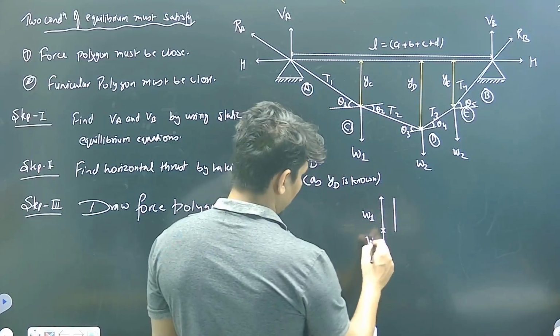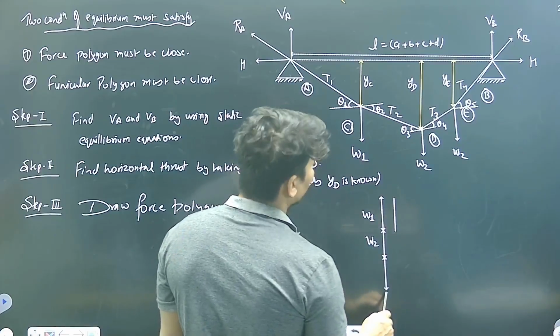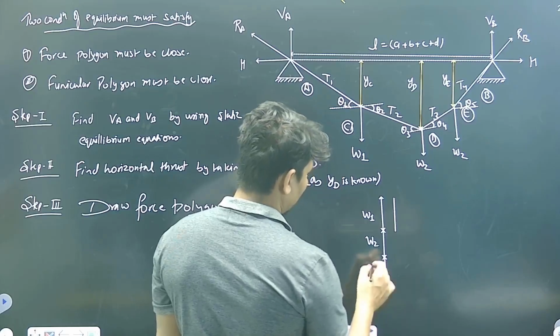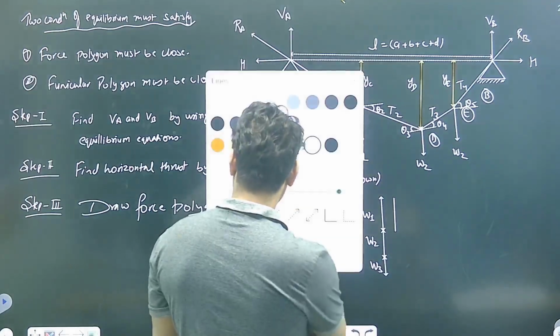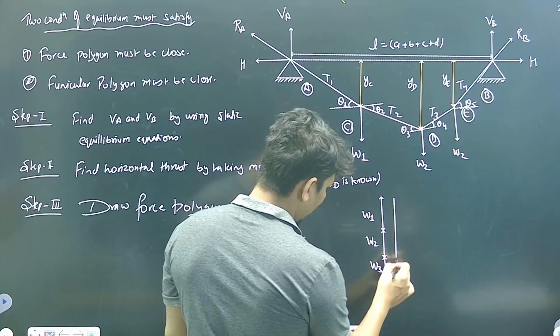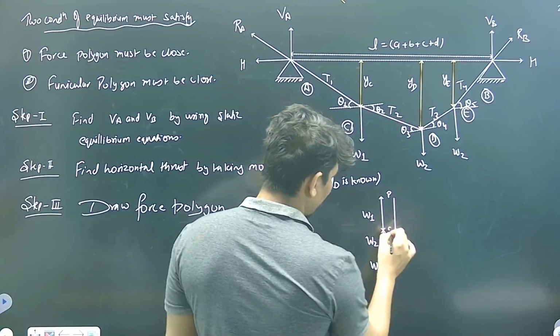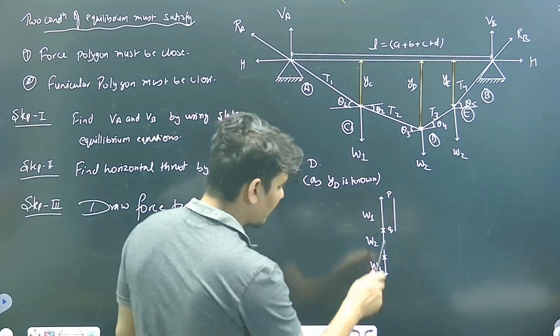Then W3. Suppose P to Q, the line PQ, represents the force W1 kilonewton.